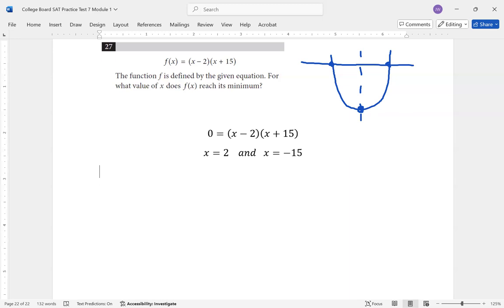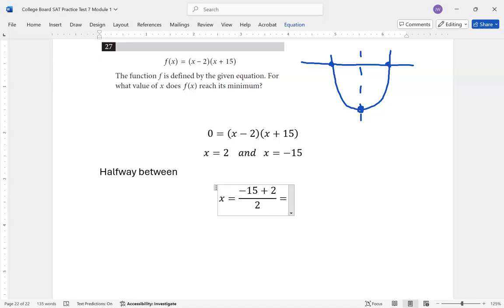So if we go halfway between, we get an x value of -15 plus 2 divided by 2. Halfway between means we average them. So add them up and divide by 2.